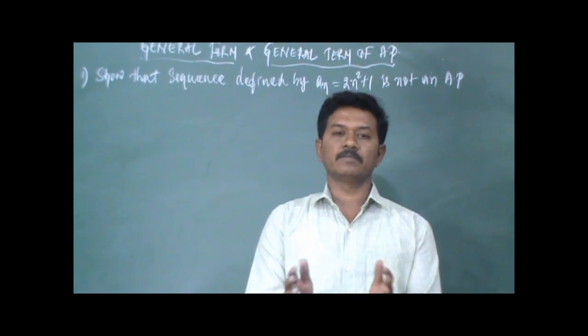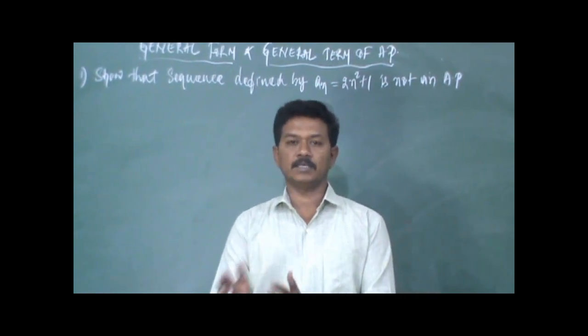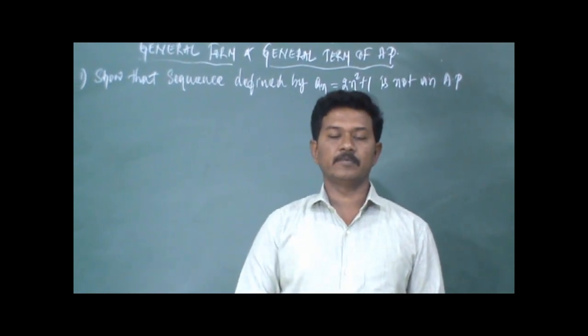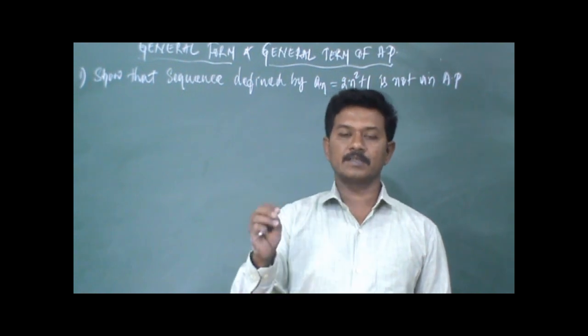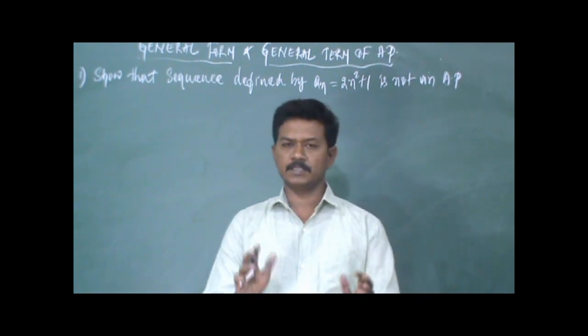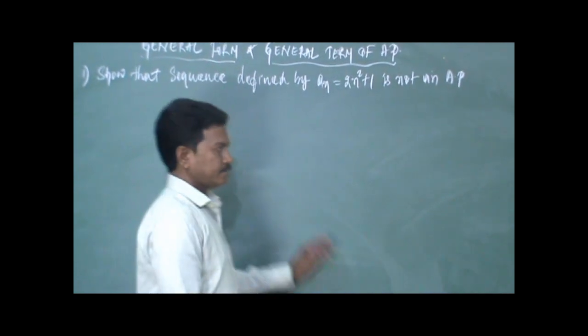This is the usual method. But here in today's class, I am going to discuss a very interesting method of finding out whether the nth term of a given sequence is an AP or not. That's a very simple technique. It's very interesting. You really will enjoy it.